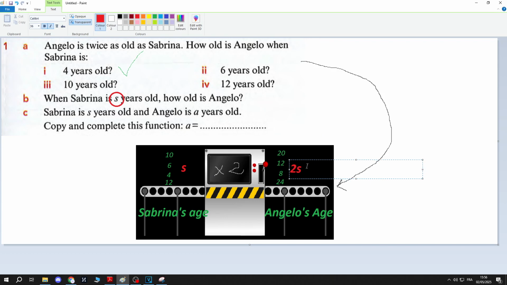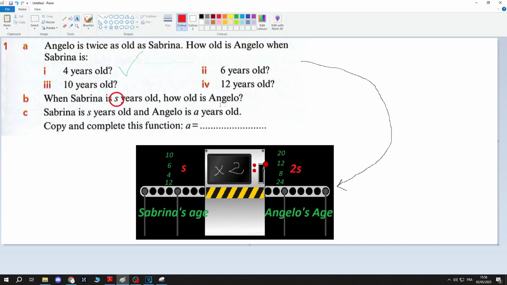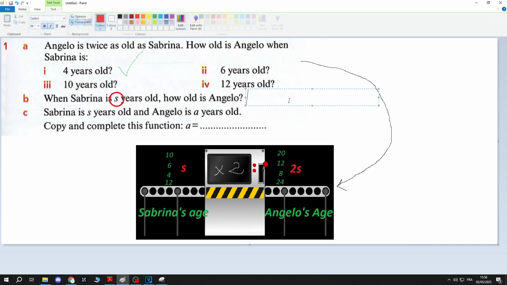For those unaware of why it became 2S and not 2 times S, it's an algebra rule that we've seen in Unit 2, where we don't have to include the multiplication sign when we're multiplying a number by a variable. So if Sabrina is S years old, how old is Angelo? The answer simply is 2S.